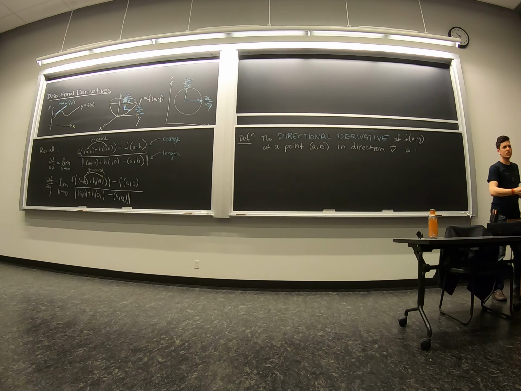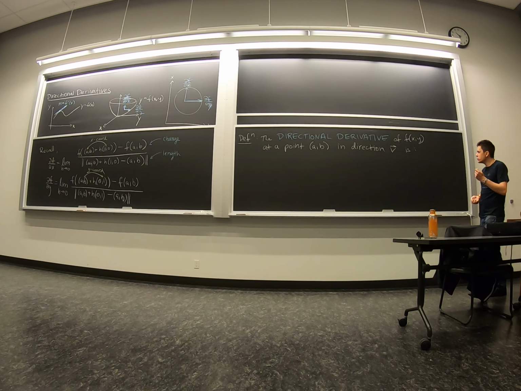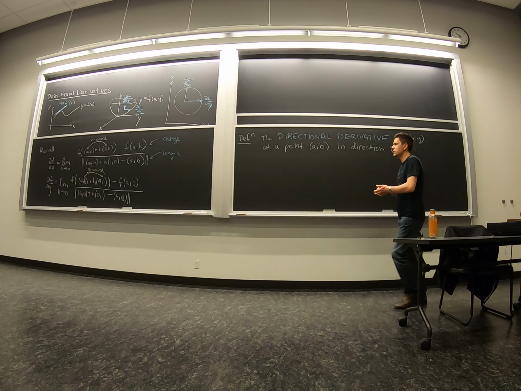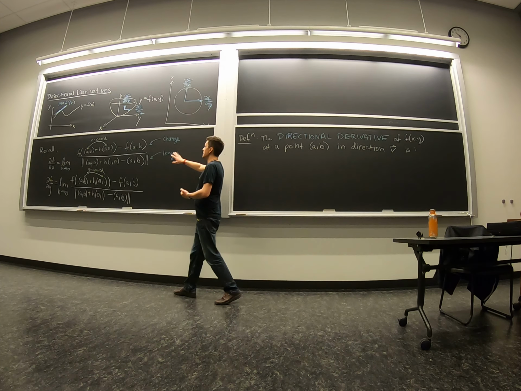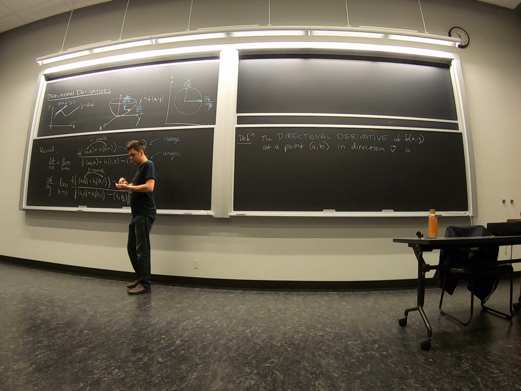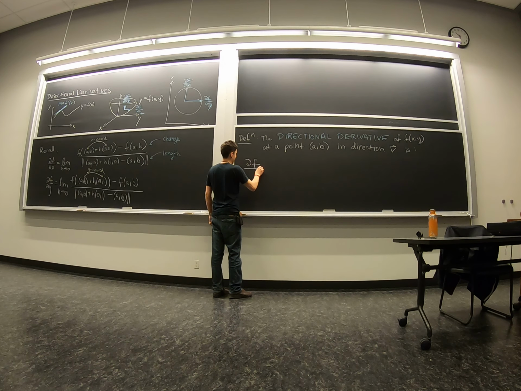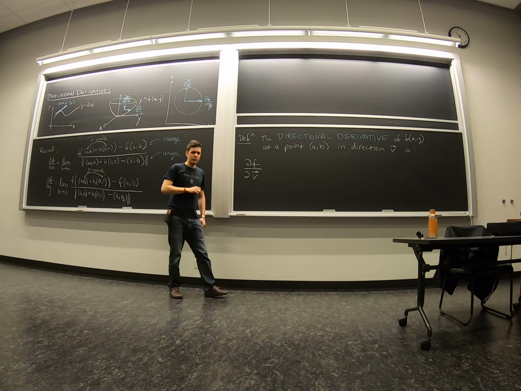So the directional derivative of our function at a point (a, b) in the direction v, we have to set up as a limit sort of in the same way. Okay. So we'll call that D_v f.